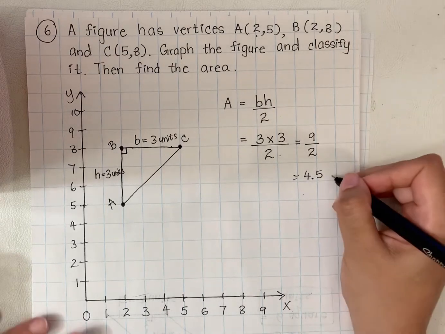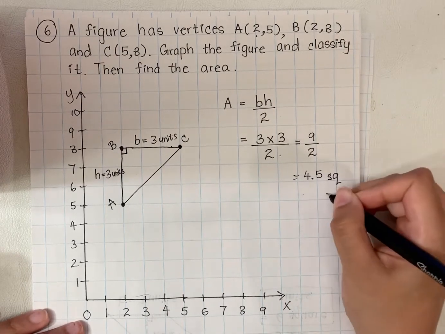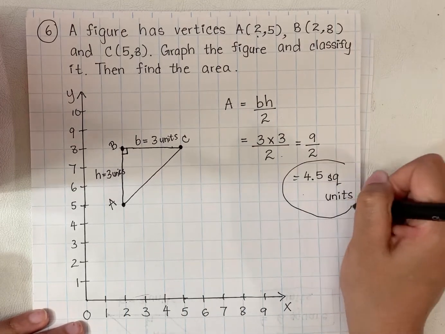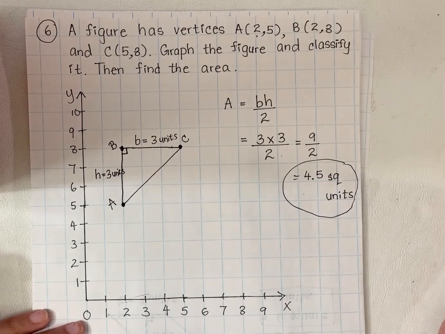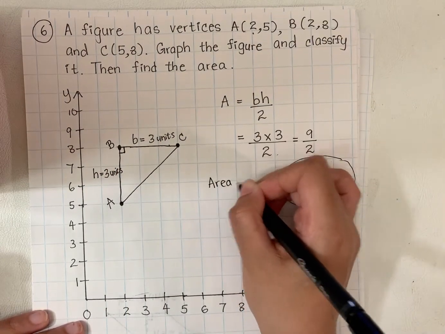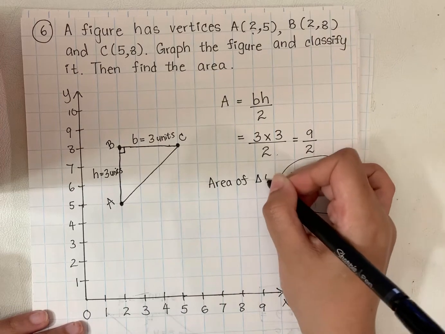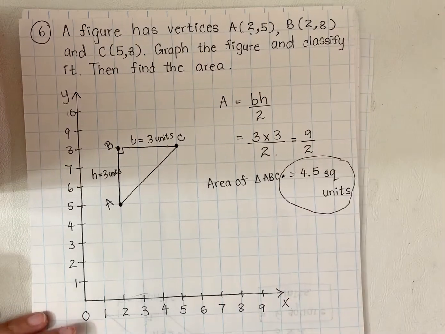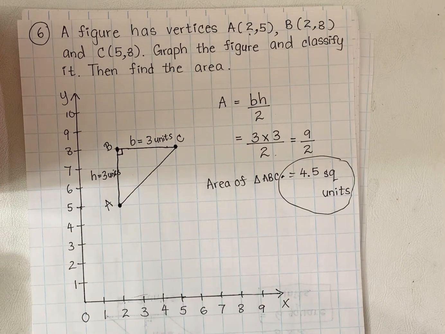And since we're talking about area, it would be square units. So the area of the triangle ABC is equal to, oh, I already have the equal sign. It's 4.5 square units.